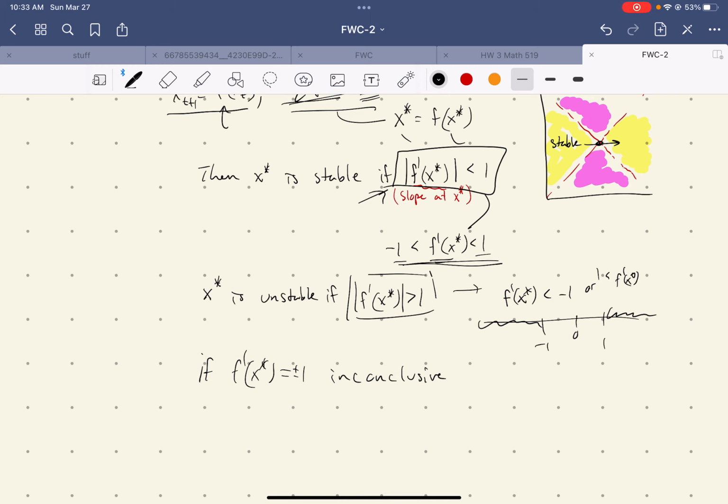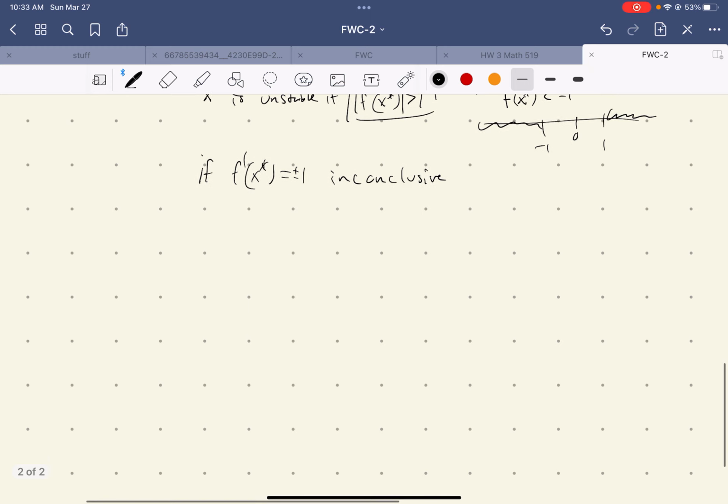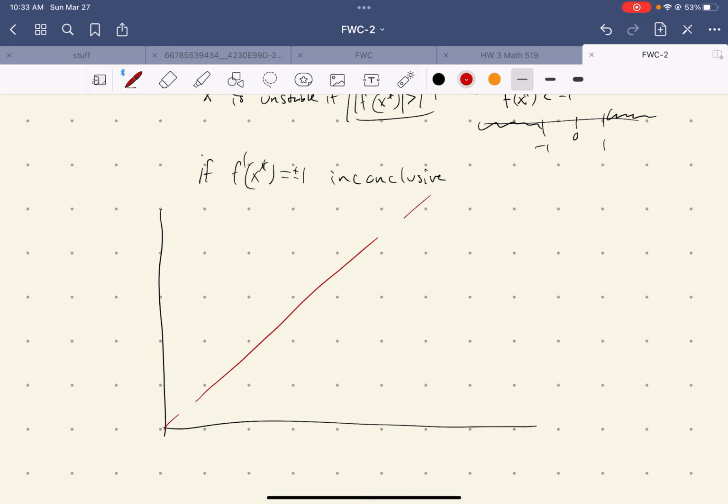So let's see. Let me do an example where that could be stable and where it could be unstable. So I could have, okay, there's my y equals x line, and just for reference, let's go ahead and give ourselves a -1 slope.